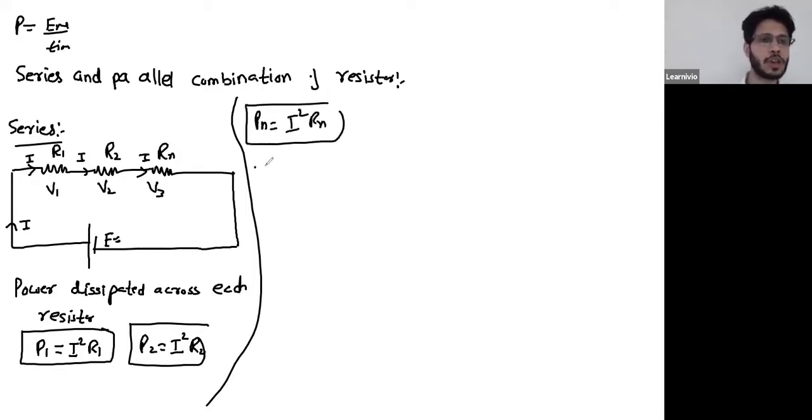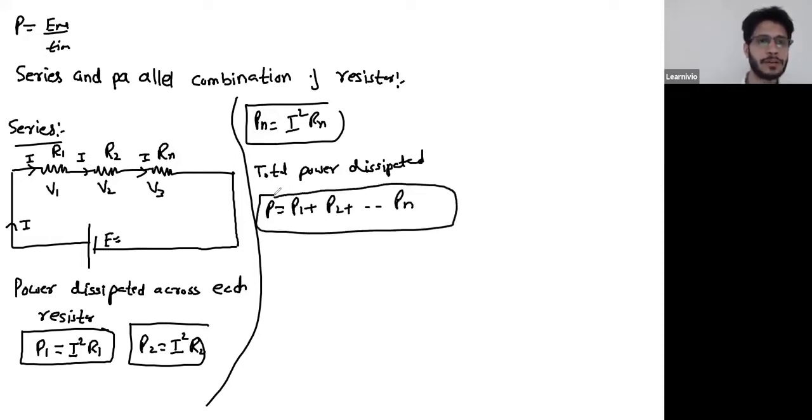Fatma, what should be the total power dissipated across the circuit? P1 plus P2 up to Pn. Or we derived a relation, na? I square R1, if I substitute values.